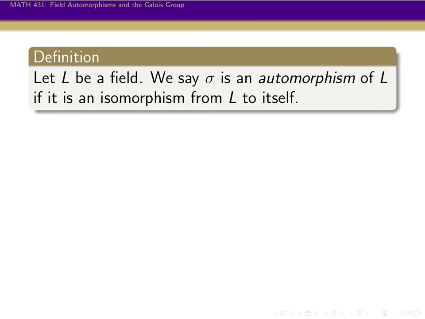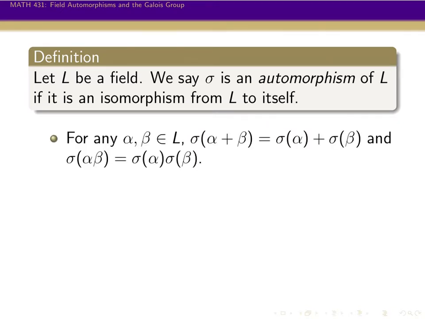So hopefully you remember the concept of automorphism from when we talked about groups and rings. So an automorphism is an isomorphism. In this case, we're talking about field automorphism, so it's an isomorphism from a field to itself. So we say that sigma is an automorphism of L if it is an isomorphism from L to itself.